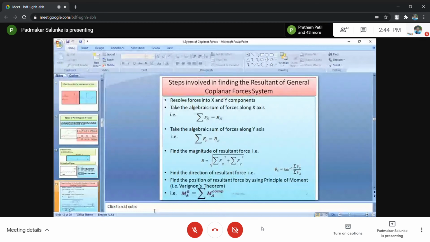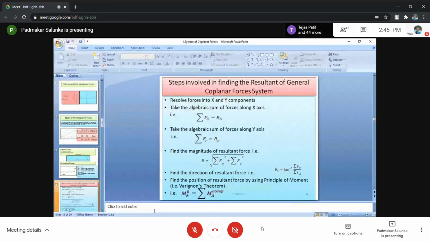In simplifying this job, you have to perform minimal operations. That's why it is called the steps involved in finding the resultant of a general planar force system. This is for all: it includes concurrent, parallel, general, everything. Several steps are given. All steps are not required for every problem. For some problems the first step will not be required, for some the second, third, or last two are not required, and so on.